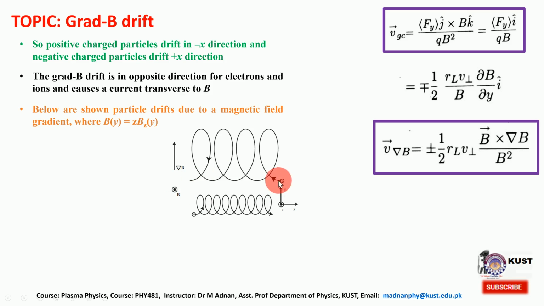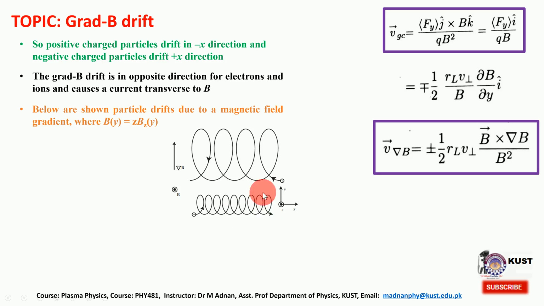Now we can see that the ions are moving along the negative x-axis, and the electrons are moving towards the positive x-axis, as given by these plus minus signs. Again, the Larmor radius effect is clear from these big and small circles.